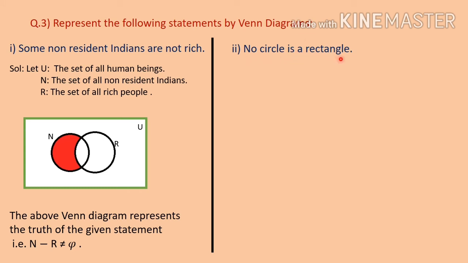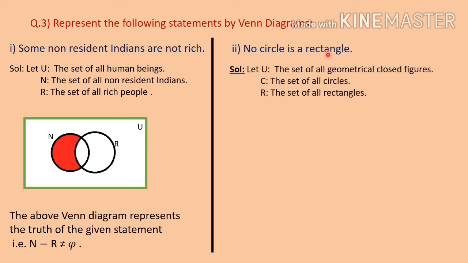Now again we'll have a set of circles, we'll have the set of rectangles. Both circle and rectangle are geometrical figures. So we will say let U be the set of all geometrical closed figures, C be the set of all circles, R be the set of all rectangles. Now no circle is a rectangle, that means no part of circle is common with rectangle.